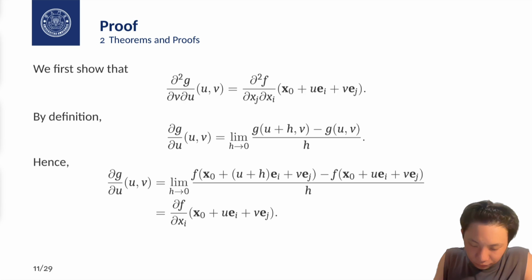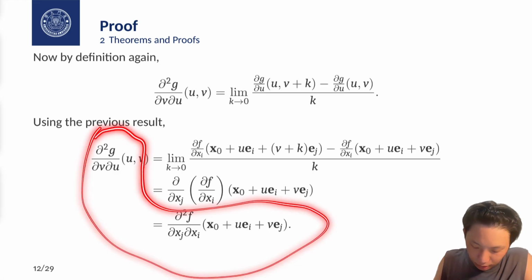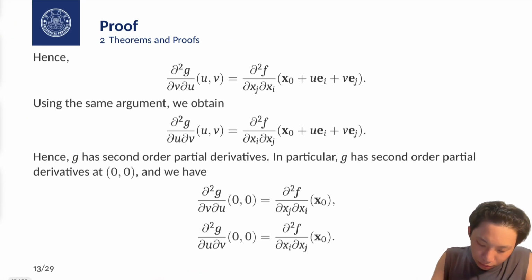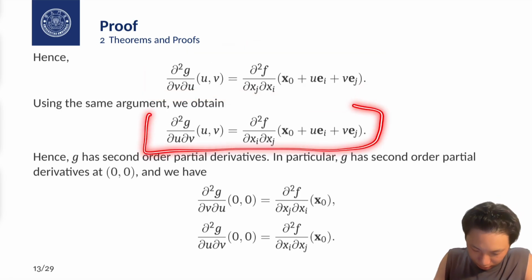We first take the partial derivative of g with respect to u, and we get this. Then we take the partial derivative with respect to v, and we get this. Now we get this result, and in a similar way we can get this result.